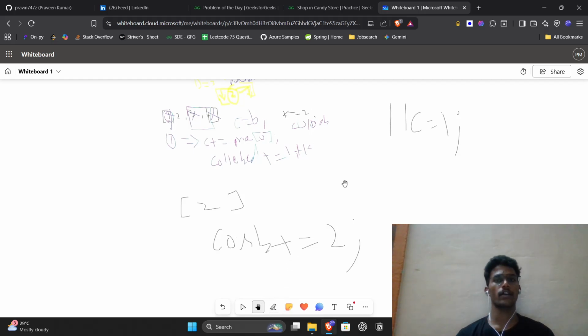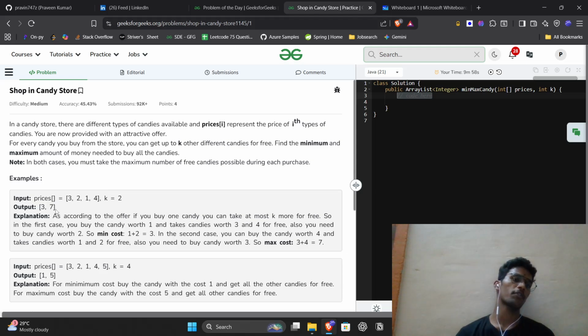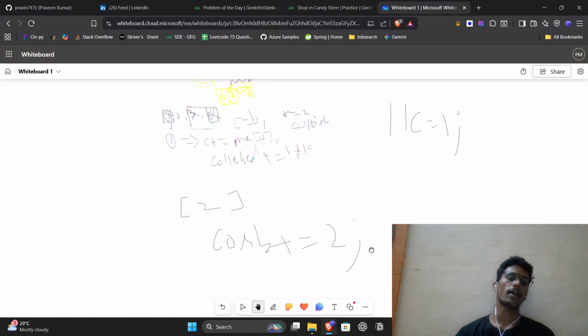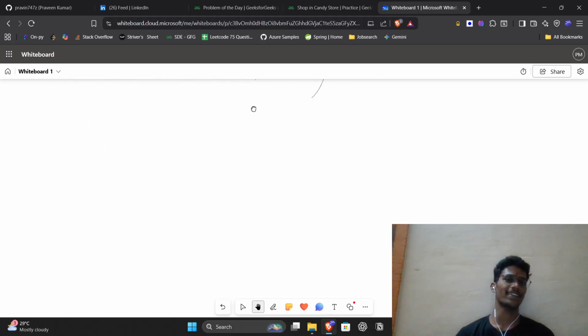Let's move to the next part. We have to determine the maximum amount required to collect all those candies. It's basically the vice versa of this logic. So what I'm going to do is the same.